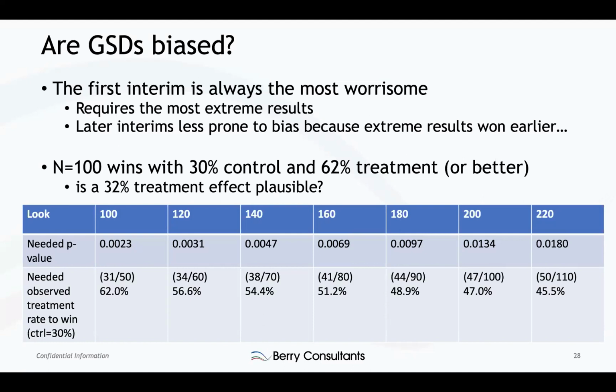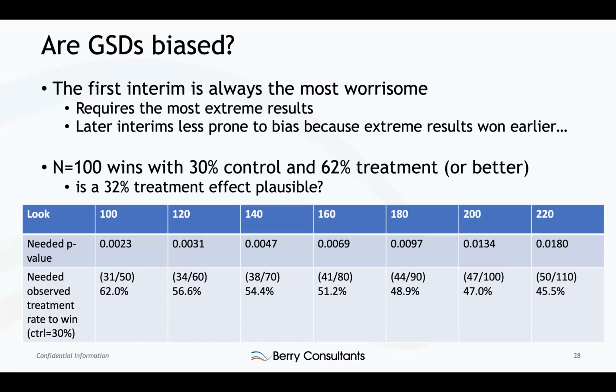The other thing that happens is the later interims are often less prone to bias, because if you were on the path to an extreme result, odds are you would have stopped earlier. So you don't tend to get as extreme results at 120 because extreme results would have stopped at 100. So let's focus on, is the 100 going to be biased or not?